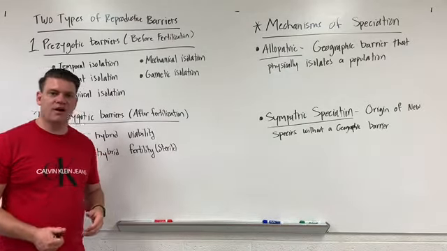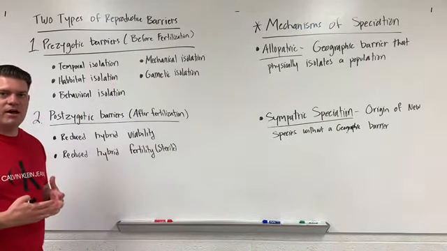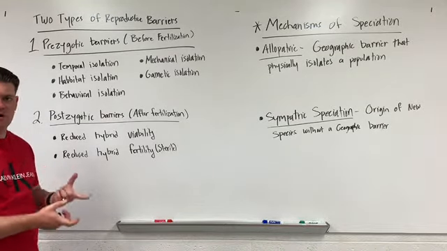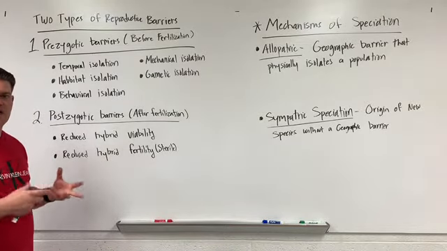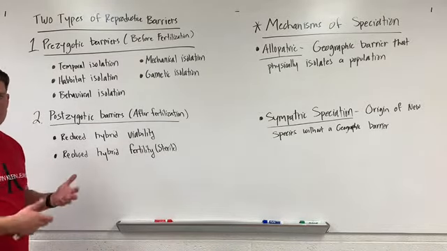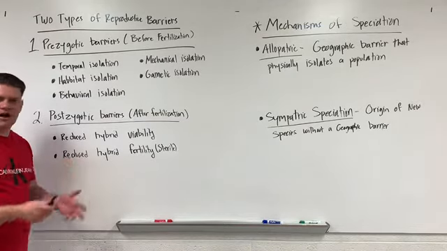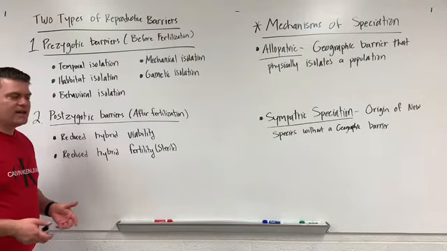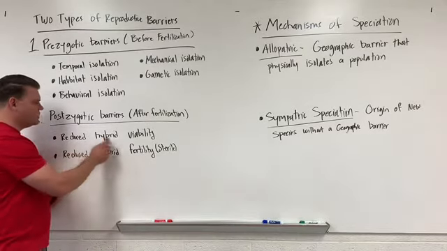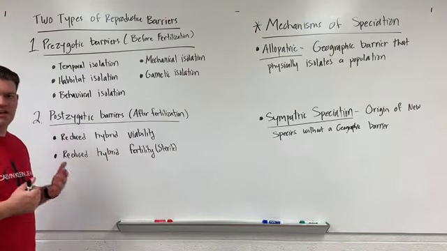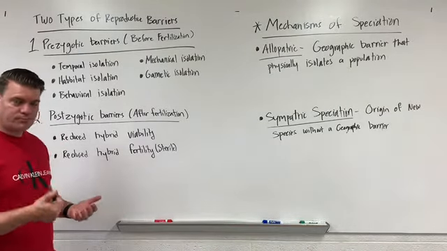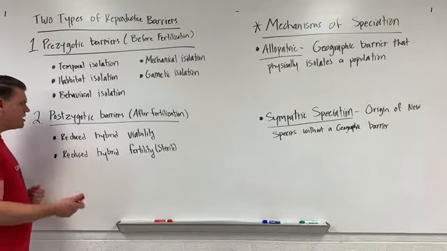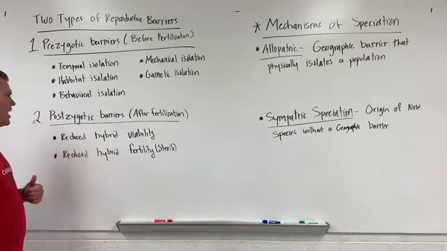We'll see this where we get fertilization, but either the fetus never comes to full term, so it's aborted, or when it's born, it dies shortly thereafter, or has some type of deformity which doesn't allow it to live, to go out and hunt or gather its food or graze or whatever type of species it is. And so its viability is reduced. It's not able to live long enough to get to sexual maturity to be able to breed. So that's one, reduced hybrid viability.